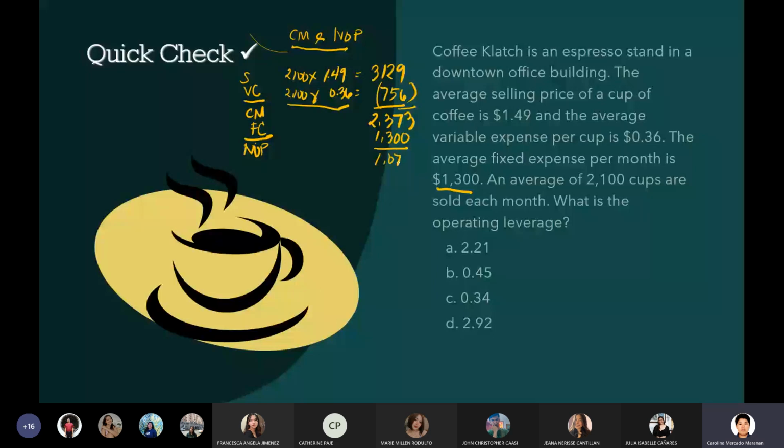Using our formula, DOL equals contribution margin over net operating income. So, that is 2,373 over 1,073. What is our answer?